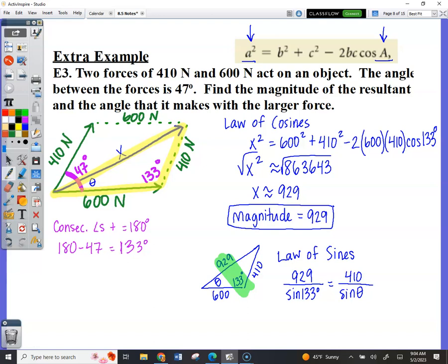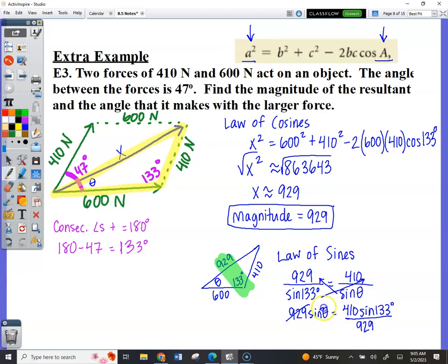Now this is nothing new. You should know how to do this. We're going to cross multiply this behind it and this behind it. So you got 929 sine theta equals 410 sine 133. We want theta by itself. 929 is going to move by division. And then sine moves how? Inverse. So this divides under here.